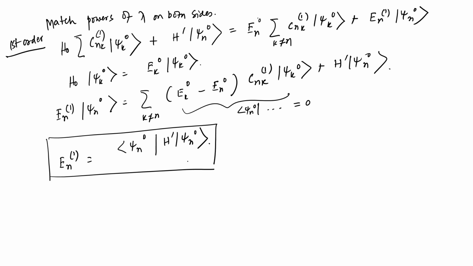So, the matrix elements of H prime have to be calculated within the eigenstates of the unperturbed problem, and that is going to give you the first order correction to energy.